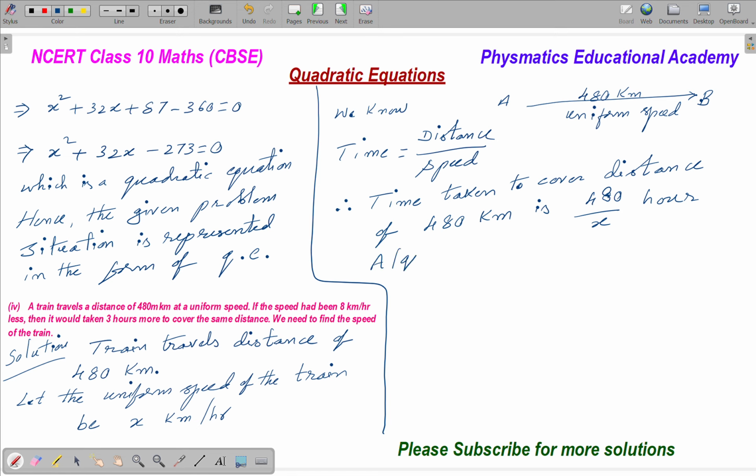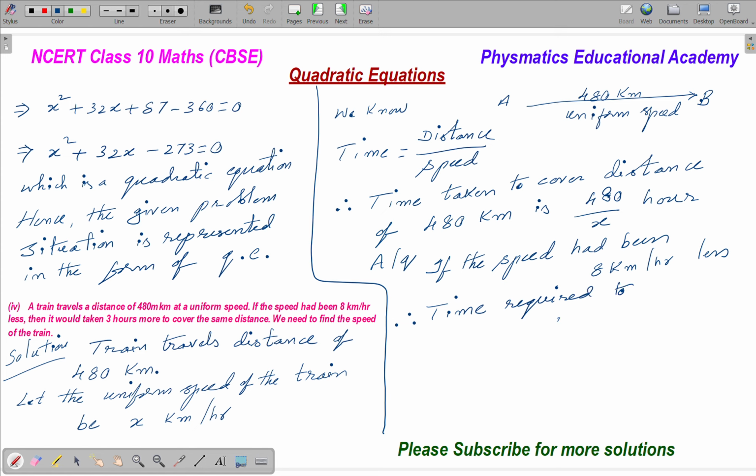Again, second condition, according to the question, if the speed had been 8 kilometers per hour less, therefore the time required to cover 480 kilometers is equal to 480 upon x minus 8 hours.